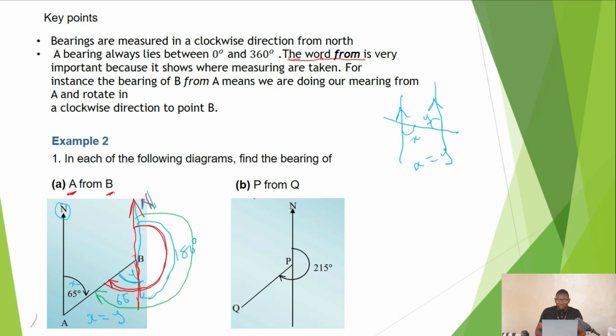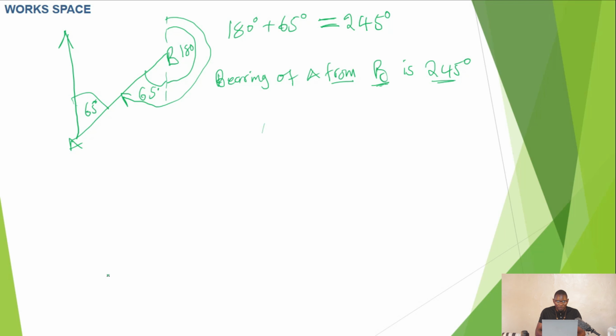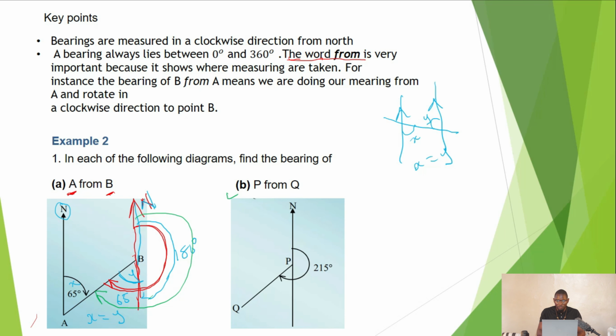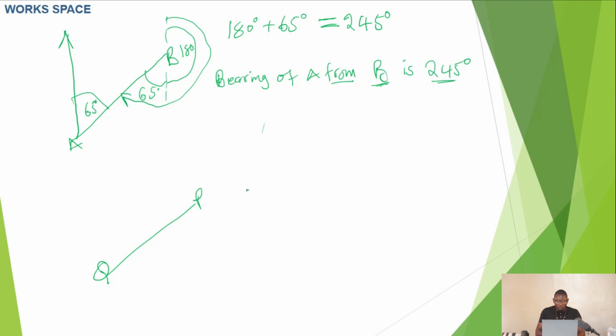So let's look at question B here. This one said find the bearing of P from Q. So we have P from Q. Then we have our true north here.